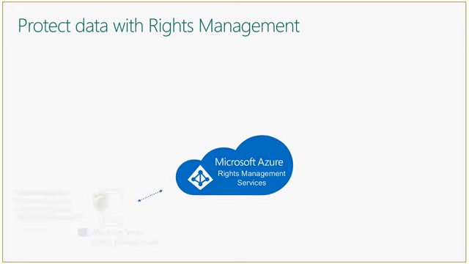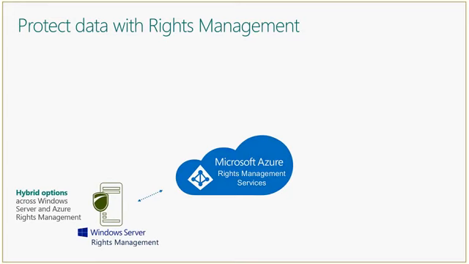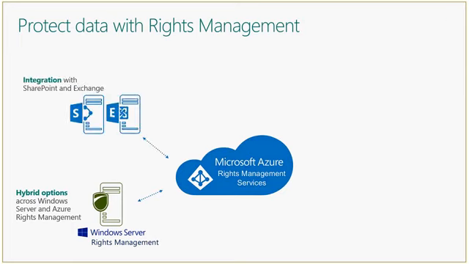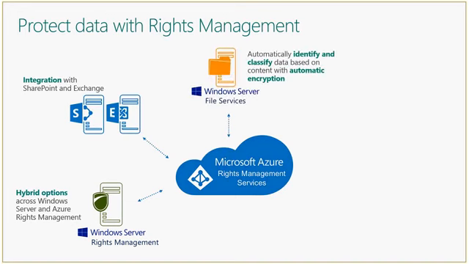We have some hybrid options, so the ability to run this not only against on-premise resources, but also up to Exchange and SharePoint running in virtual machines. There are connectors for SharePoint, Exchange, and file servers on-premise as well.